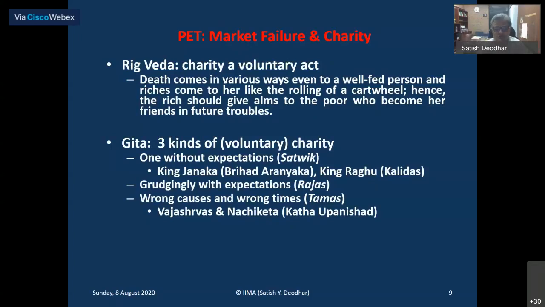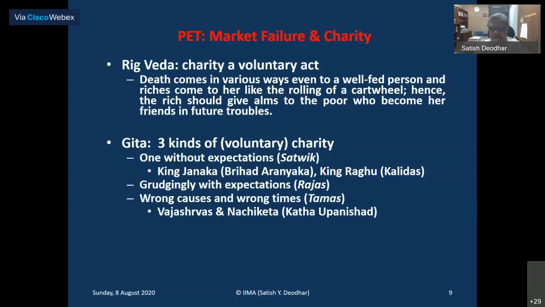I'm sure you hear once in a while, in newspapers or on TV, that one Mr. Choksi, who has fled the country, had given a donation to a certain trust in Delhi. So it's a wrong cause, probably at the wrong time. That's the tamas charity we are talking about.